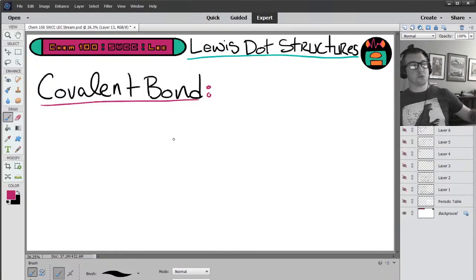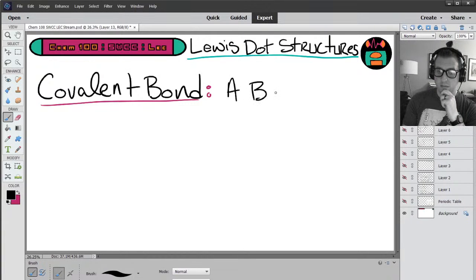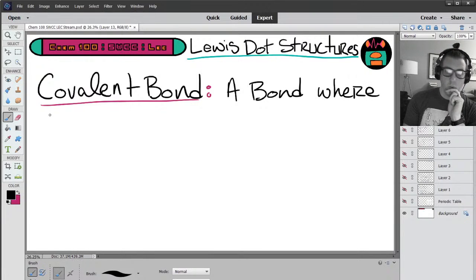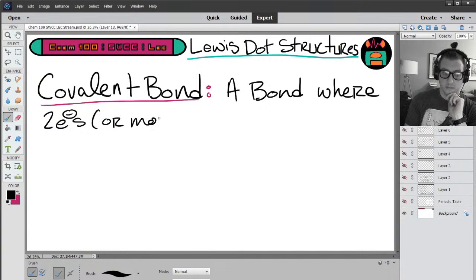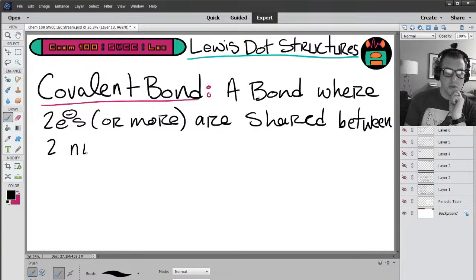All right, an ionic bond forms when one element takes an electron away from the other, making 2 different charges, positive and negative. A covalent bond is a bond where 2 electrons or more are shared between two nuclei.